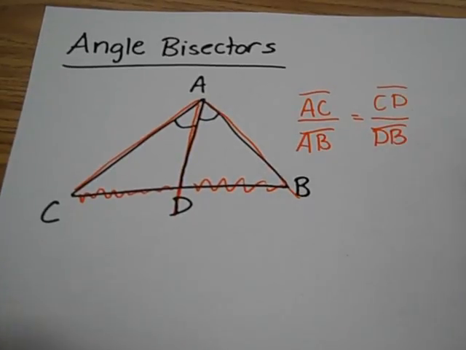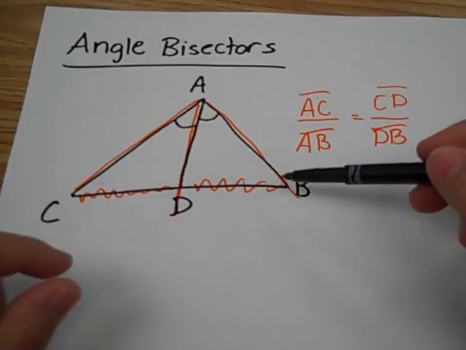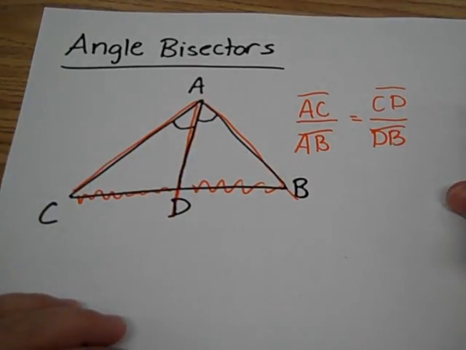So this angle bisector cuts this side so that those little pieces are in proportion to the two other sides that aren't broken up.